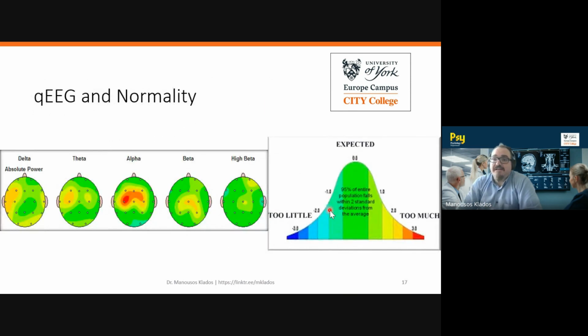And here is how the QEEG looks. For example, here we have the delta absolute power, and here we have some colorings. The colors show how close this is to the median.